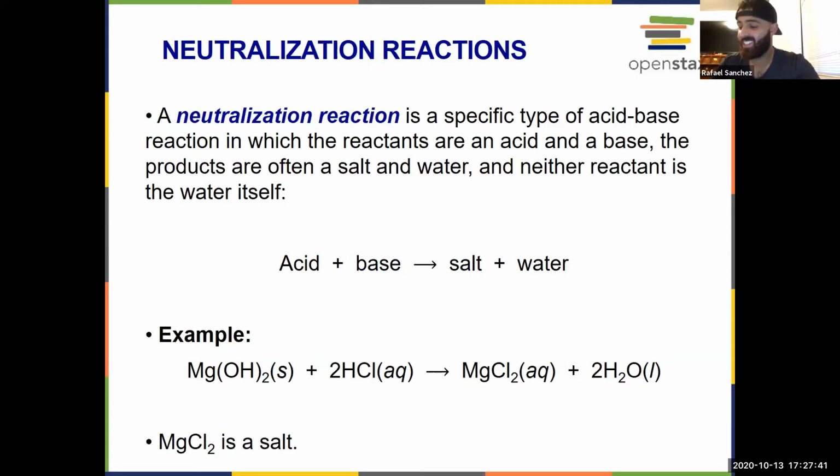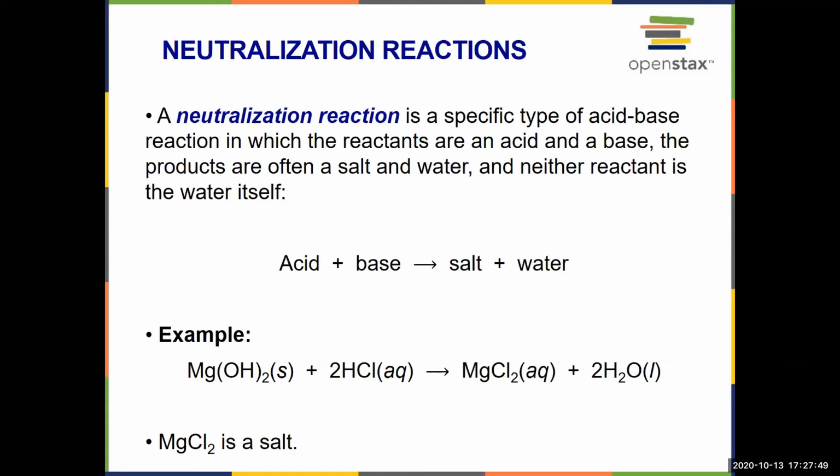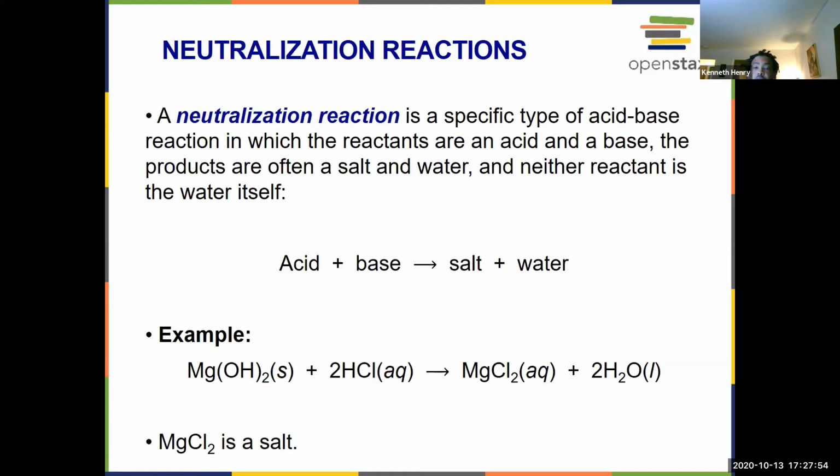So if I have a metal and a non-metal, what type of compound is that going to be? Ionic. So metal and non-metal, ionic. If I have all non-metals, it's going to be covalent. Okay, yeah.